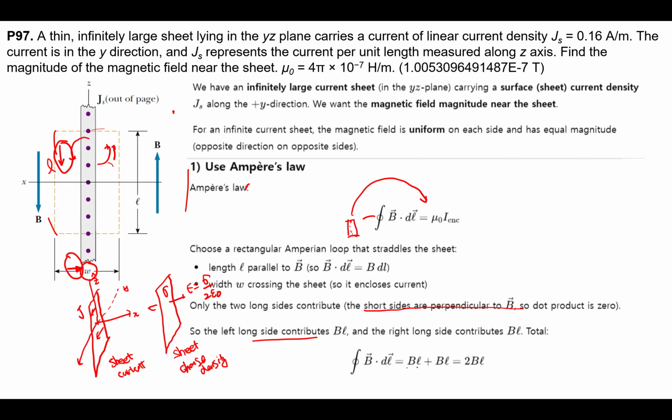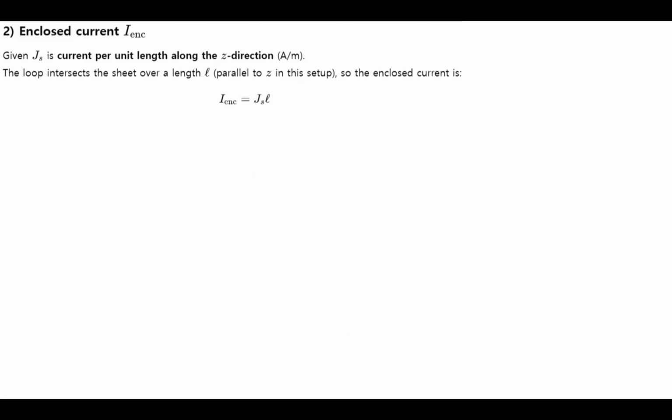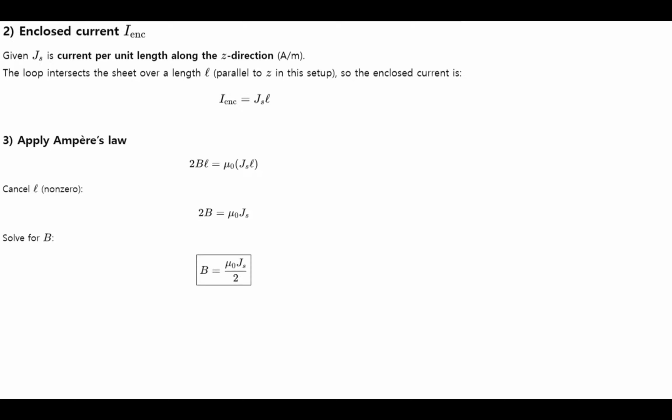So that is going to be B times L, B times L, 2BL. And then the enclosed current is given by J_S times L. Apply the Ampere's law, and you will find the field is given by J_S over 2, where J_S is the sheet current density.